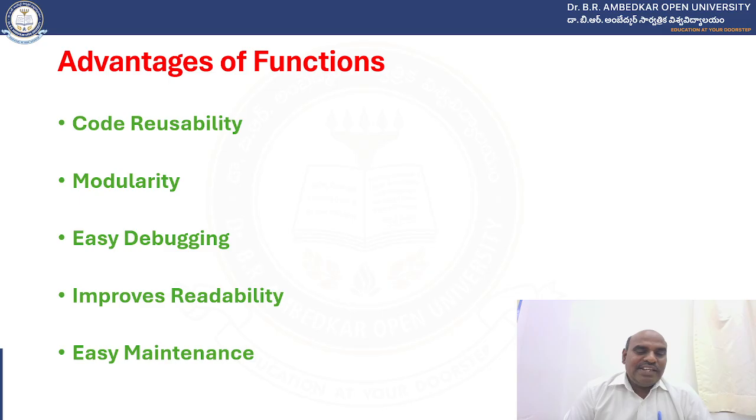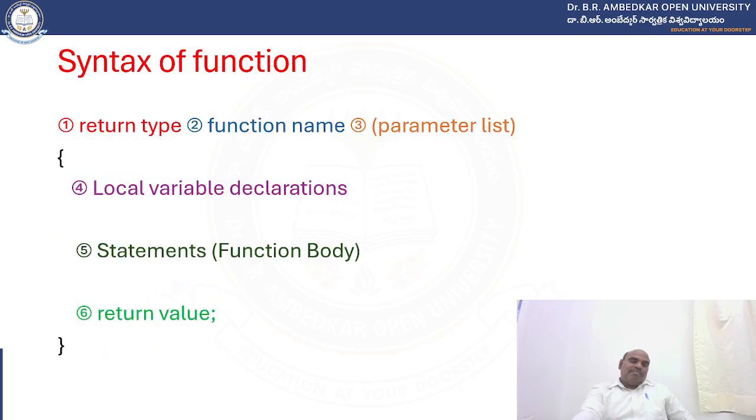We can understand easily, we can change very easily, and as per our requirement we can write easily. These all are easy maintenance. So how many advantages are there? Five: code reusability, modularity, easy debugging, improves readability, and easy maintenance. These all are called advantages of functions.